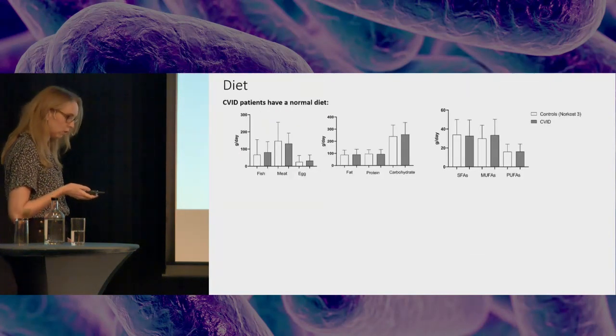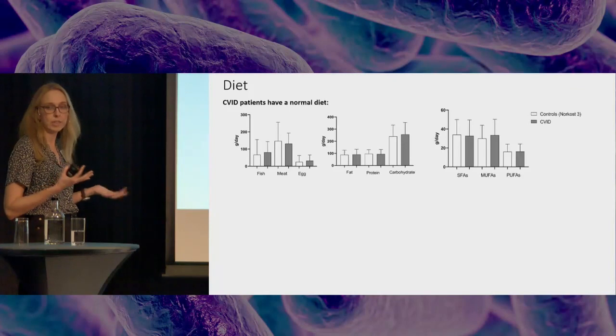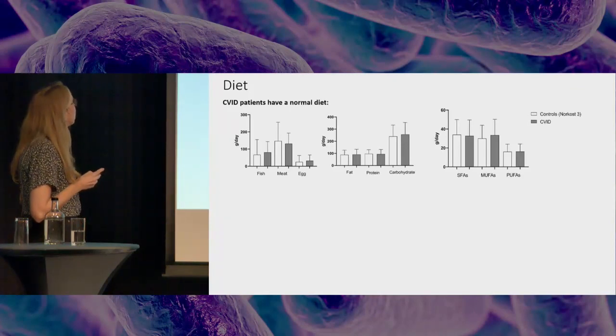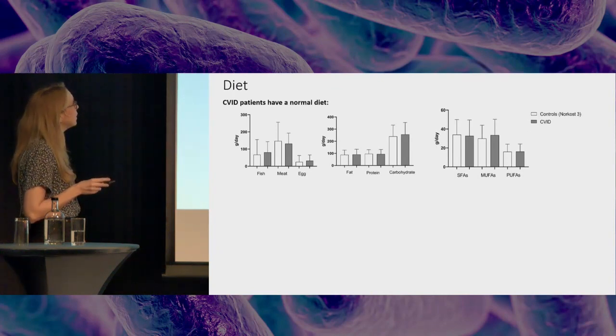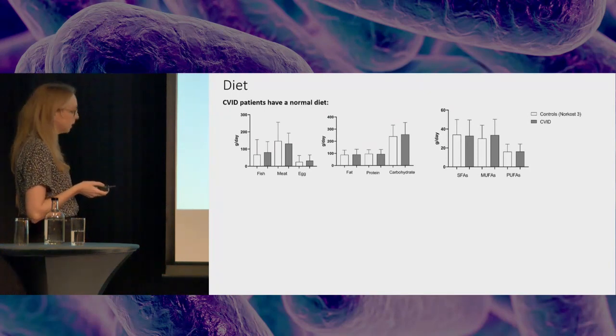Some of you might think that this is due to diet. If there was a huge difference in fish or oil intake, this might explain the results. But for the food groups, or even when we split the nutrients into PUFAs, there was no significant difference in dietary intake between CVID patients and controls.